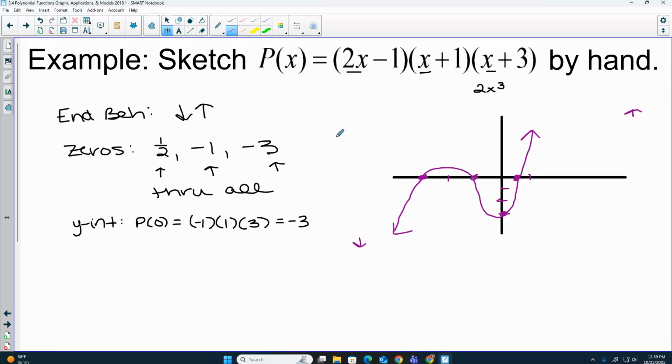So check at the end. The only place your graph can touch the x-axis and the y-axis are the points you marked. If you cross anywhere else, you've made a mistake. Check your end behavior. It's supposed to be down, up. That's what we have. Now, is my graph perfect? No, I didn't find other exact points. For all I know, this came way up here and dropped way down.